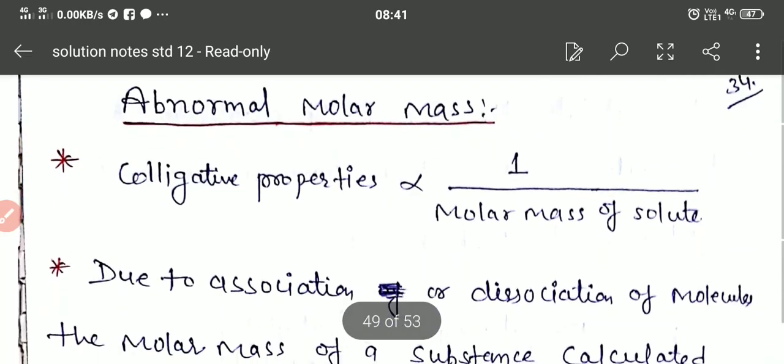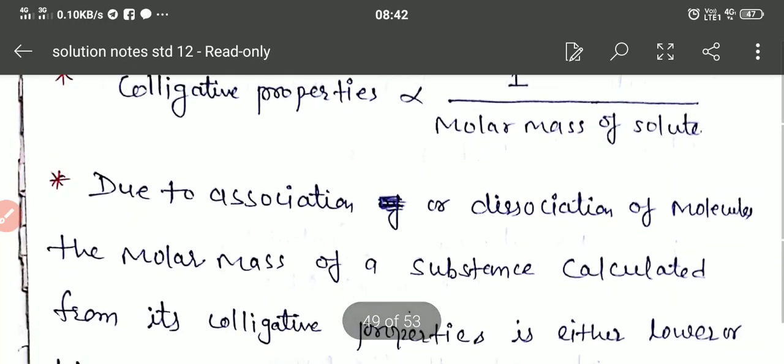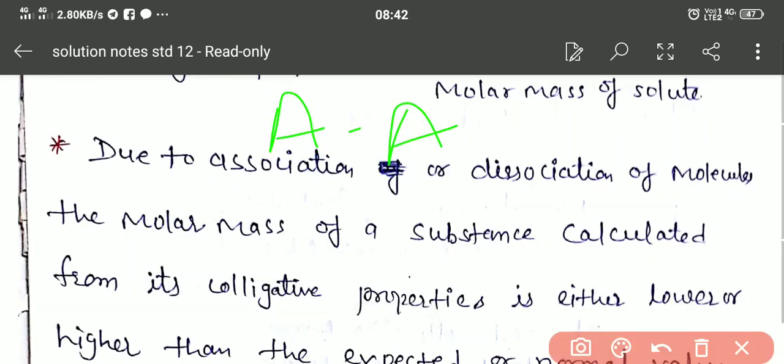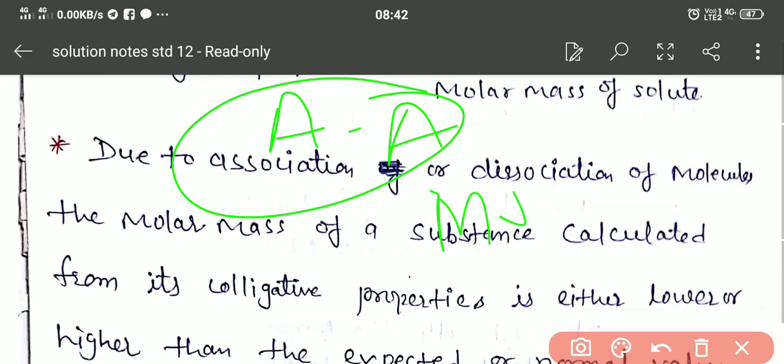Now abnormal molar mass. Colligative property is inversely proportional to molecular mass of solute. We already discussed in every equation that the colligative properties, relative lowering of vapor pressure, depression in freezing point, elevation in boiling point, and osmotic pressure, are inversely proportional to the molecular mass of solute. So, due to association or dissociation, what is association? When two or more same molecules are combined, it is association; two or more are present on the reactant side and on the product side we get only one.